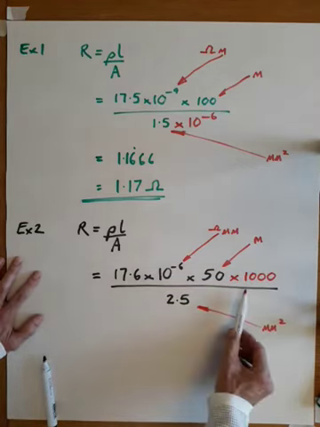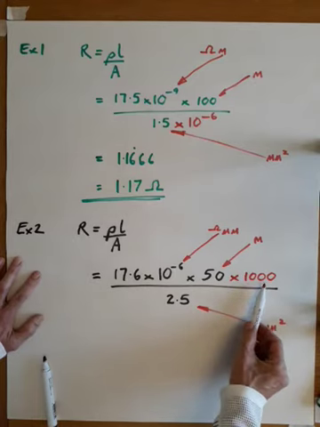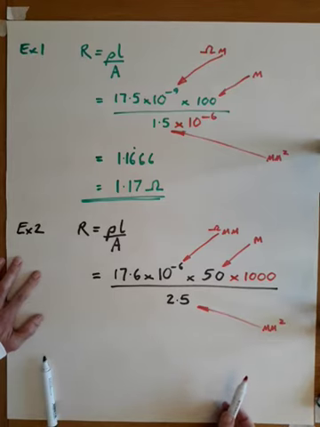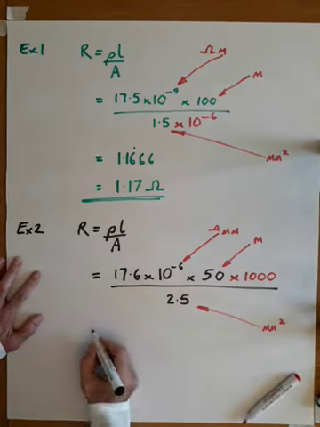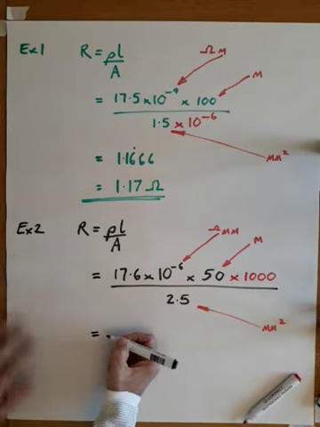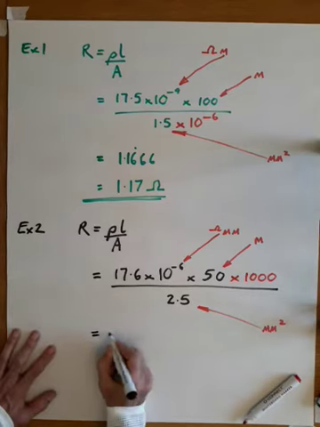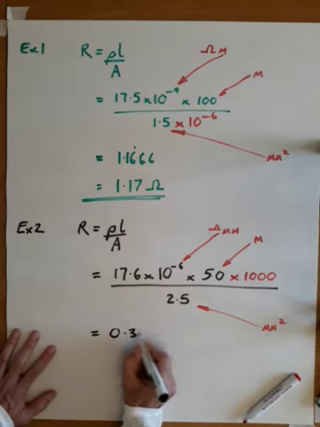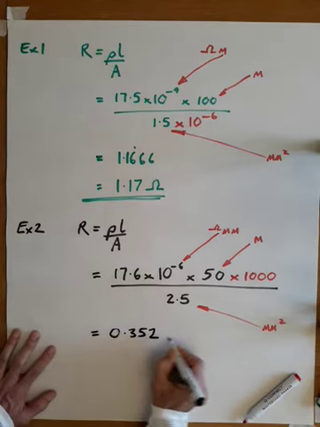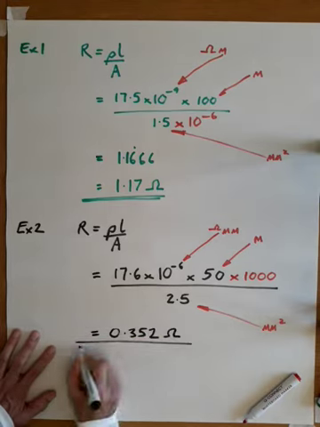If you prefer, you could write 10 to the 3 for that, and that will be perfectly acceptable. So let's work that through. And if you put it into your calculator, then you should come up with 0.352 ohms.